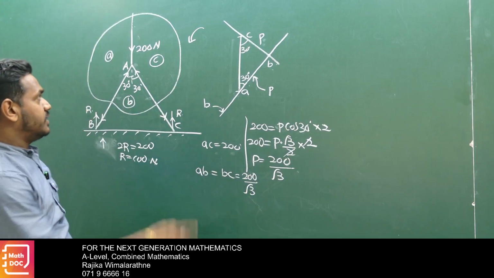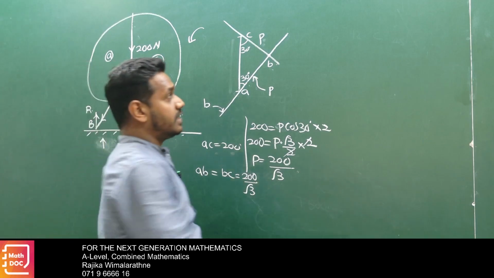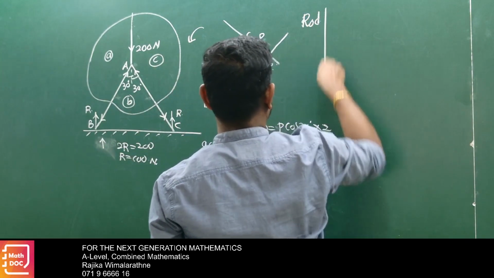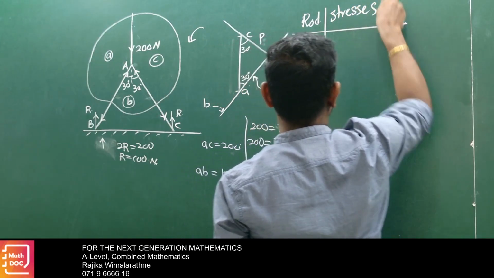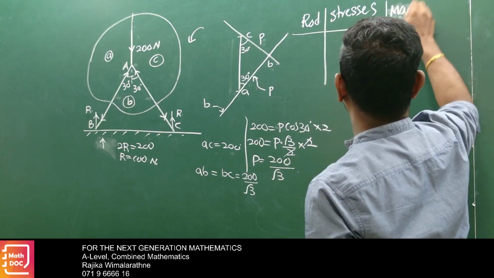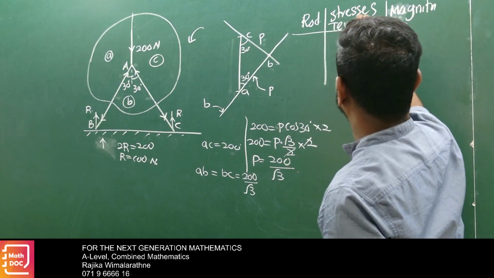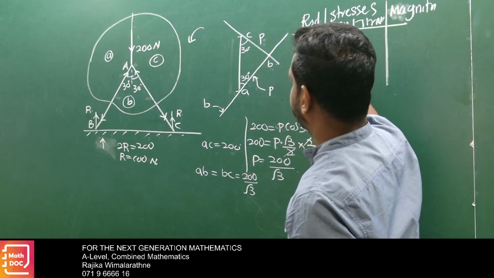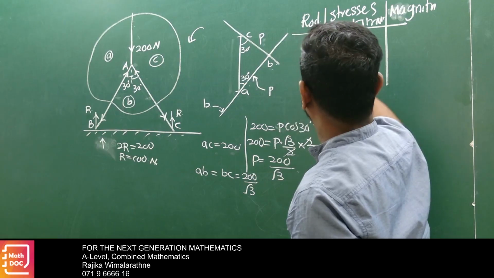Now finally, we have identified the stresses. Now we better represent it. Take a table: rod, stress, magnitude, tension or thrust. Then we have two rods, AB and AC, and here thrust.